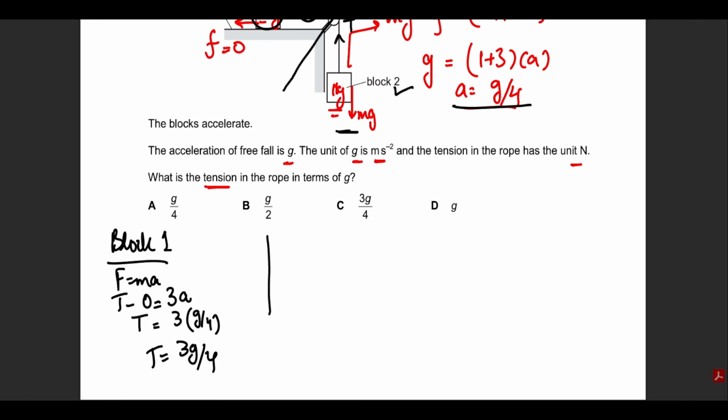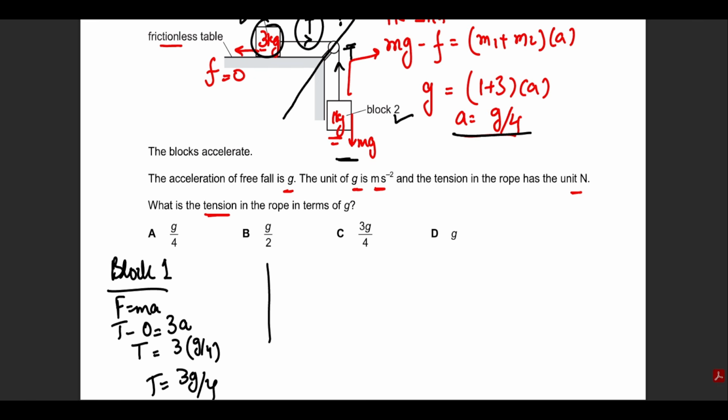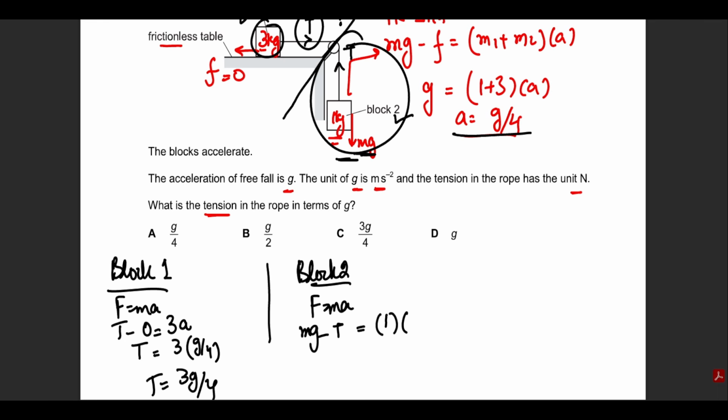Let's consider block 2 and its life. Block 2 thinks that there is weight downwards. With reference to block 2, this will be the pulling force, which according to F equals ma is mg minus tension, right? This equals the mass of its own system, which is 1 kg, so 1 into the acceleration, which is g by 4, of the system.